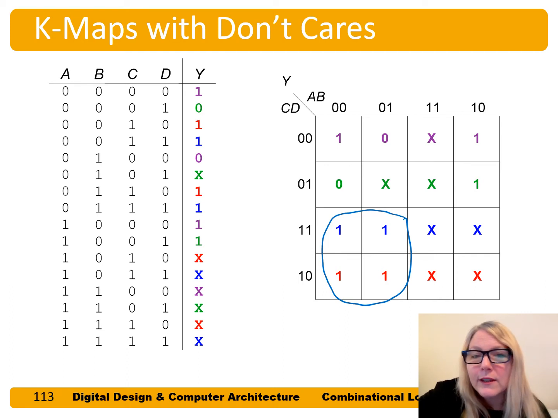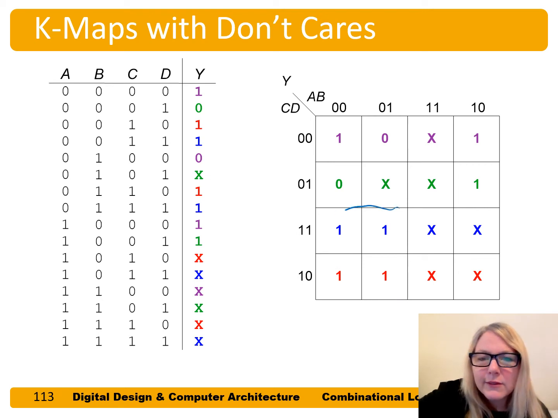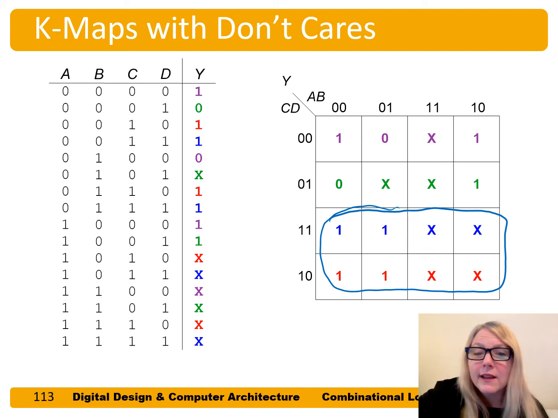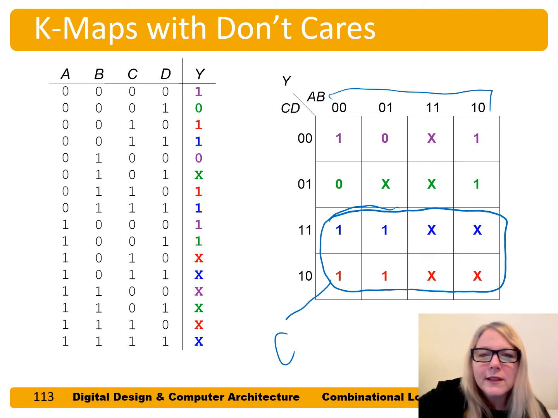That's a size 4 implicant, so it would have 2 terms in it: A bar and C. But we can use those don't cares to make the circle bigger. That circle of 4 1s would be wrong because it's not a minimal implicant. If we circle these don't cares here, our implicant is just C, because all possible combinations of A and B are included in that circle, and the true and complement form of D is included. So that implicant is now just C.